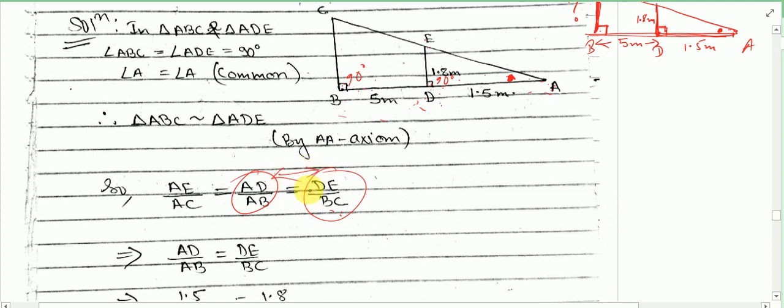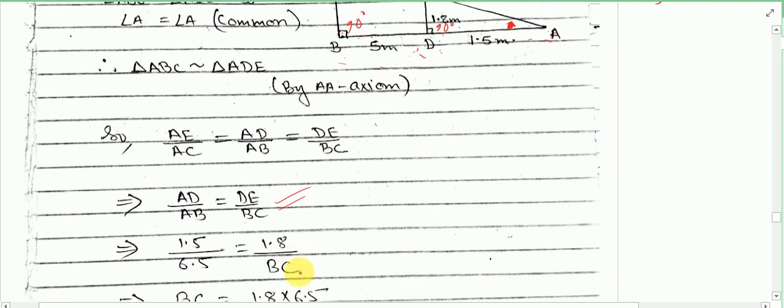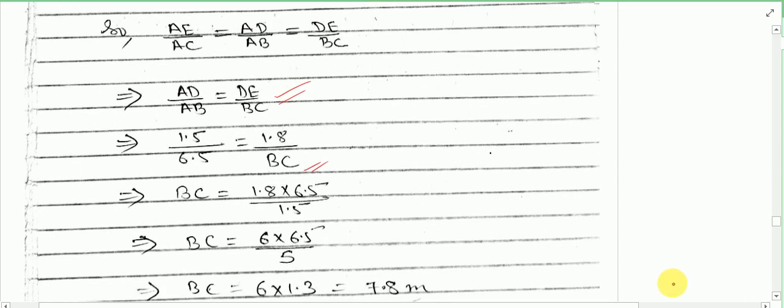With the help of this we can easily find BC. Now we have taken this, we will substitute the values and simplify, and you will get the value for BC, that is 7.8 meters. Clear?